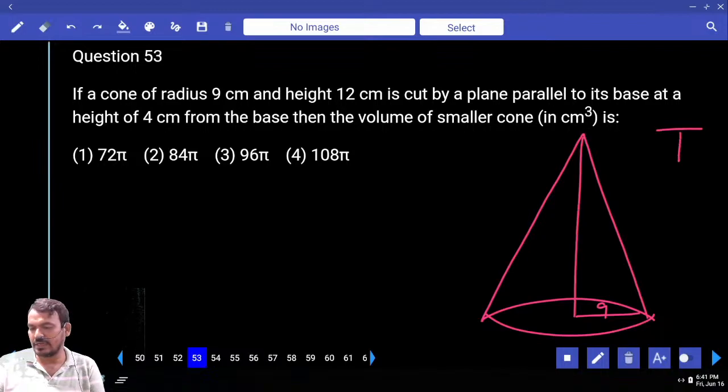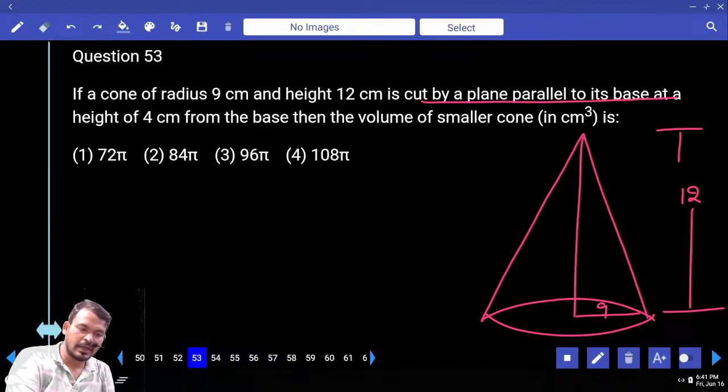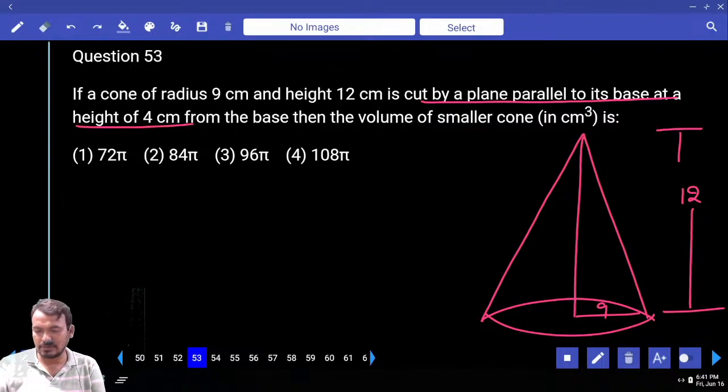Means total height is 12 centimeters. It is cut by a plane parallel to its base at a height of 4 centimeters. This is 4 centimeters, means the upper portion is 8.